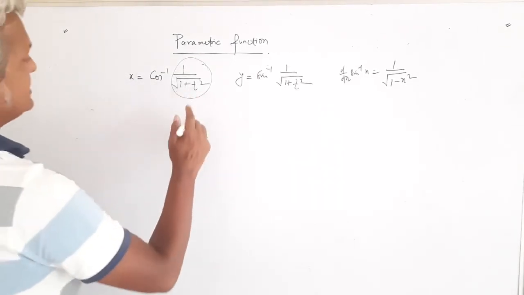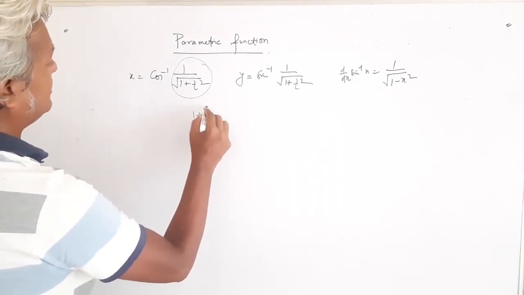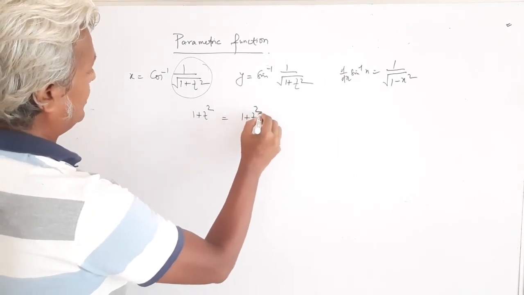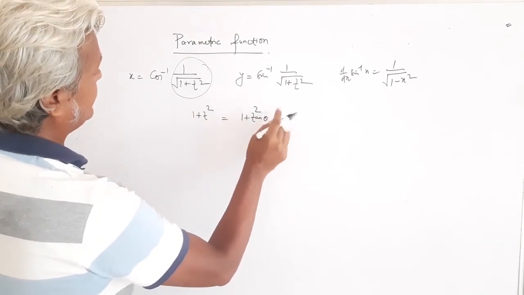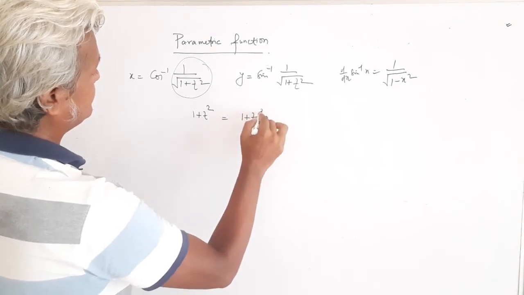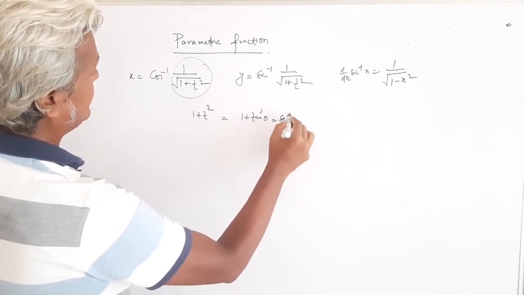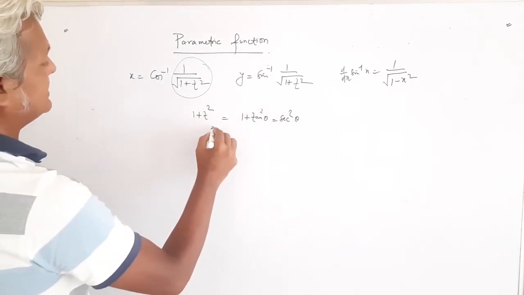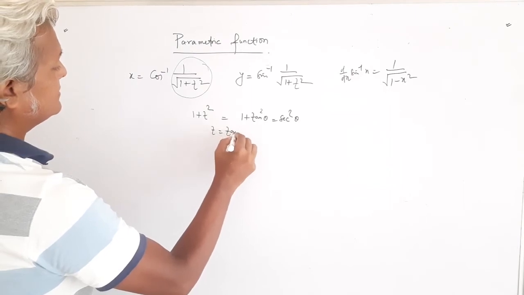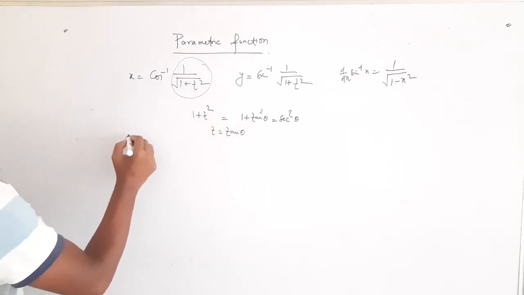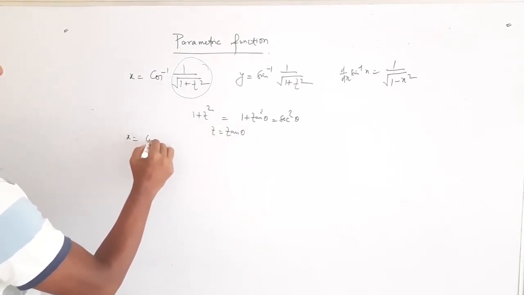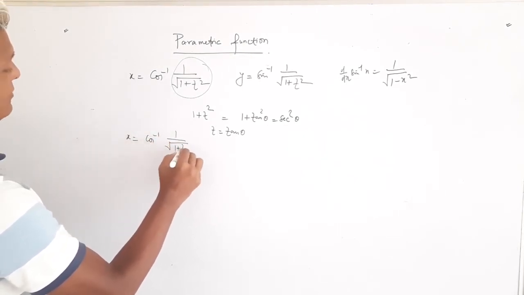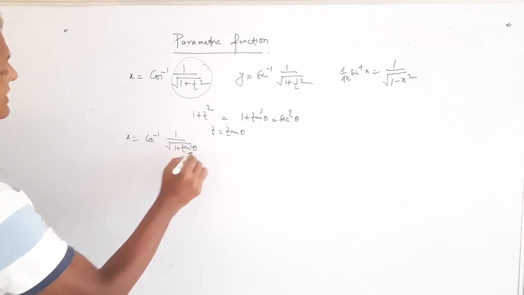Here you see 1 plus t square. This is the interesting part. 1 plus t square, and you know that there is a formula that 1 plus tan square theta is sec square theta. Means if you assume t to be tan theta, t equals tan theta, this x will become cos inverse 1 upon under root 1 plus tan square theta.